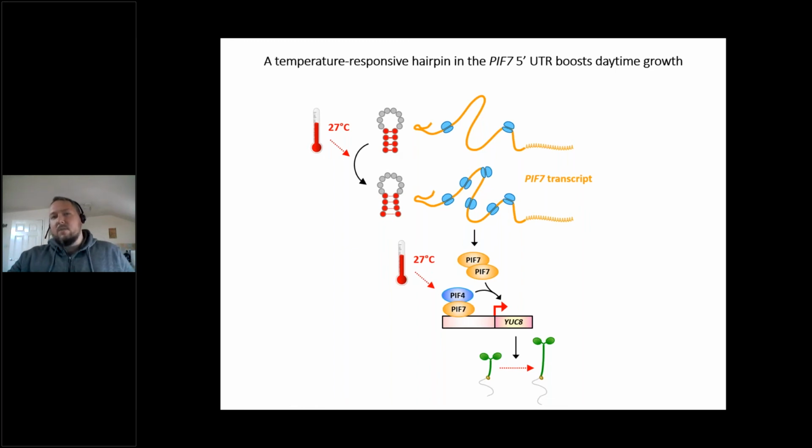And this relaxed conformation acts as a translational enhancer and has thereby a positive effect on PIF7 protein accumulation. Increased levels of PIF7 protein will then lead to increased target gene induction, such as YUCCA8, and increased auxin biosynthesis and signaling essentially will lead to increased elongation growth.